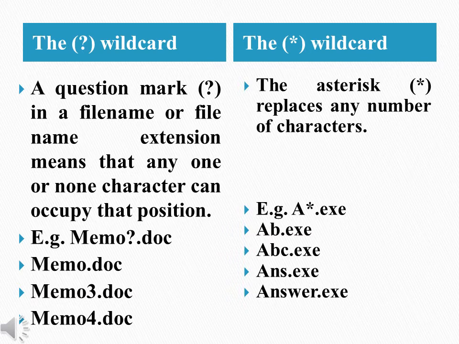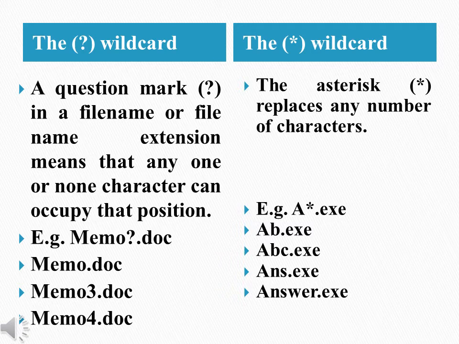A question mark in a file name or a file name extension means that any one character or no character can occupy that position. That means if you use a question mark while searching for a file, then at the position of the question mark there will be either only one character or not a single character.